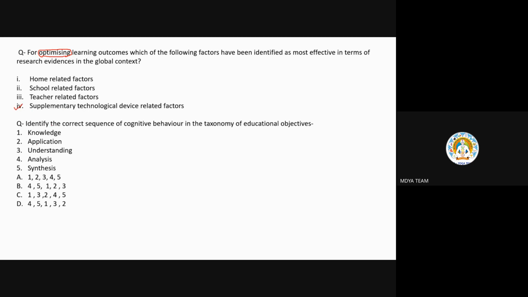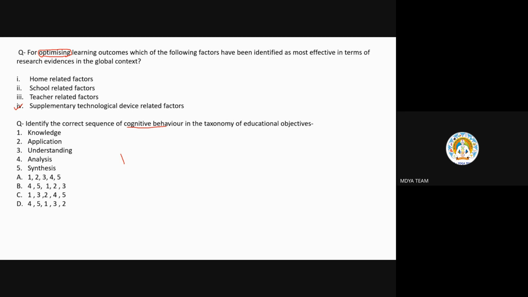Now this question: identify the correct sequence of cognitive behavior in the taxonomy of educational objectives. It is Bloom's taxonomy, na? So arrange it in the sequence and answer. Option C. What was the sequence?